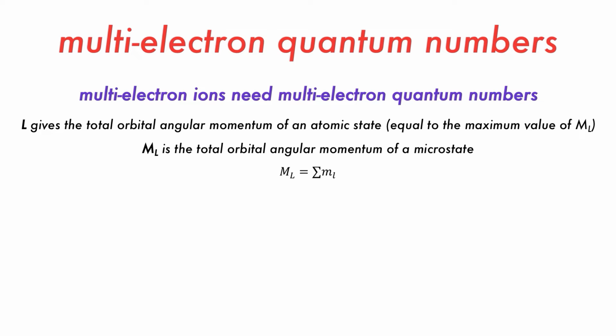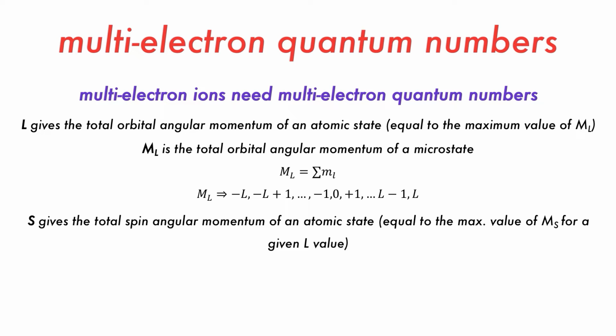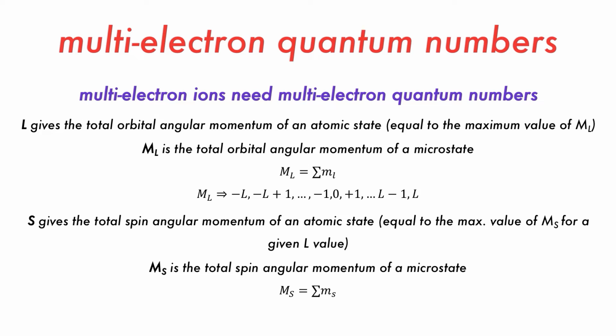So each unpaired electron will have an ml value, which is summed to give the ML value for the microstate, which will range from minus L to plus L, much the same as for the single electron quantum numbers. S gives the spin angular momentum, which is defined using capital M sub S, which is also obtained in a similar way as the sum of all of the individual ms values for single electrons. MS for the microstate can range from minus S to plus S.